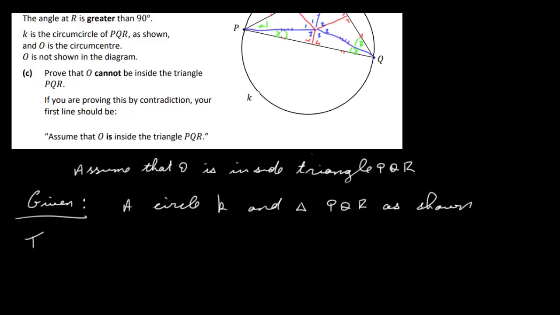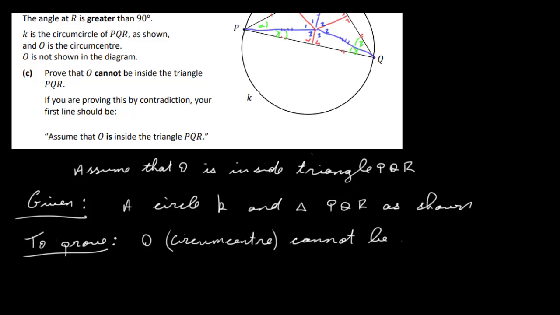To prove, we want to prove that O, the circumcenter, cannot be inside the triangle PQR.